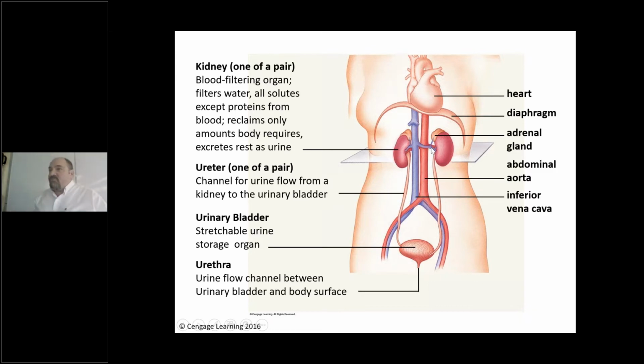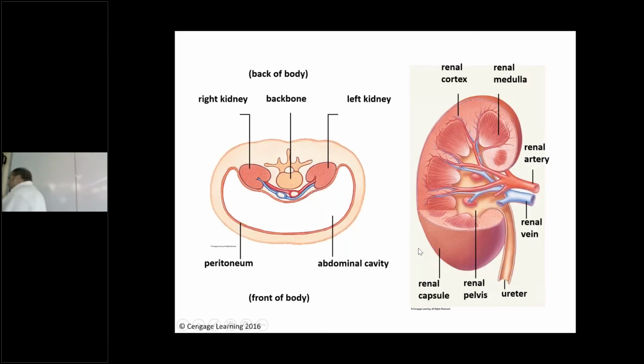A lot of blood goes to and from the kidneys because we're filtering the blood to produce urine. And you can see these tubular structures called the ureters, draining urine into the urinary bladder. All right, folks, you can have a seat.